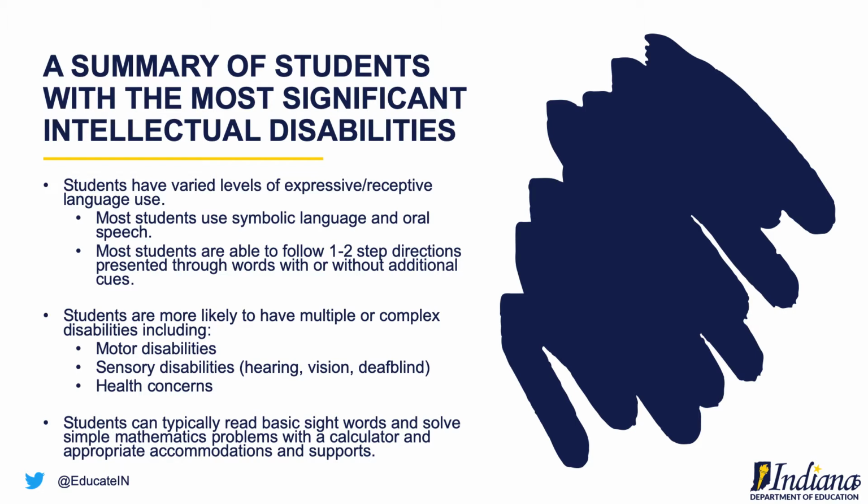This population of students is more likely to have multiple or complex disabilities, including motor disabilities, sensory disabilities, or health concerns. Students with significant intellectual disabilities can typically read basic sight words and solve simple mathematics problems with a calculator and other appropriate accommodations and supports.